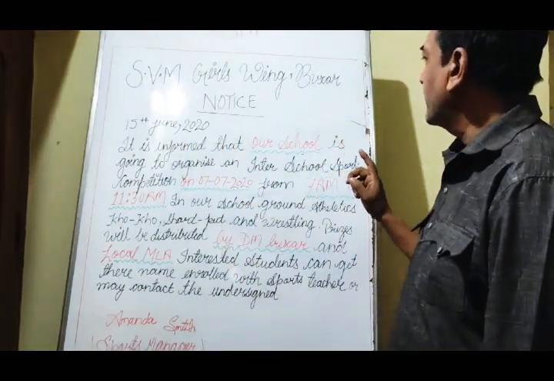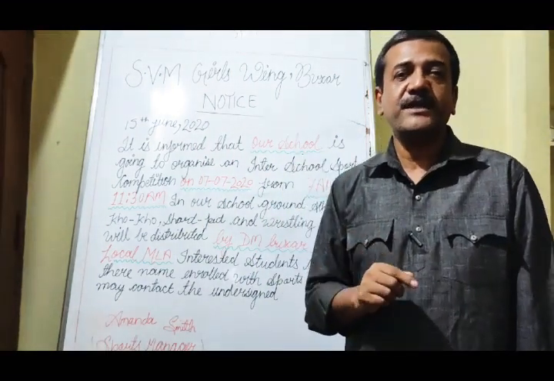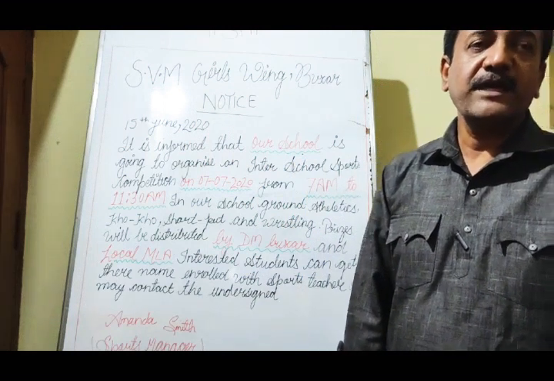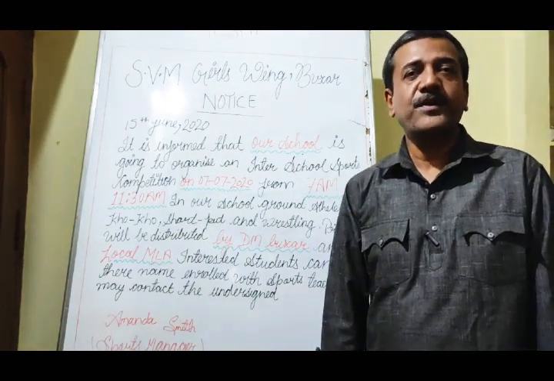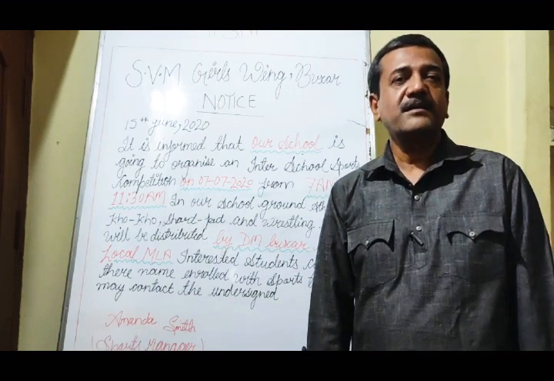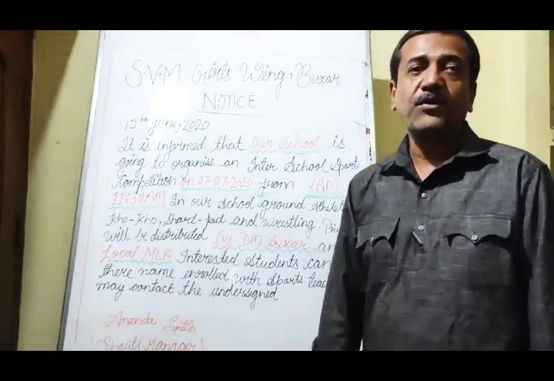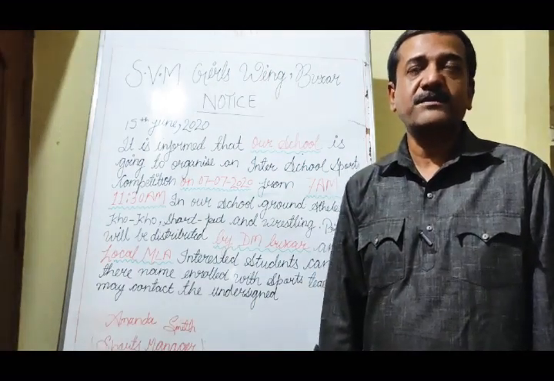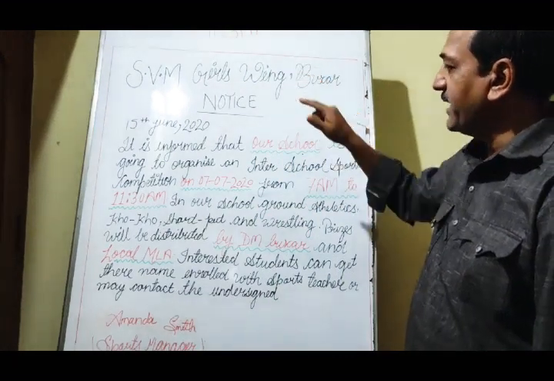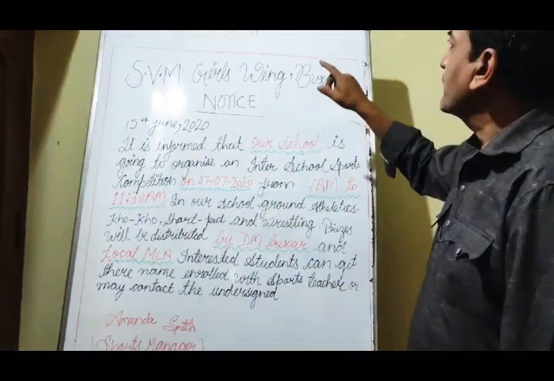Second, the notice must be written in 50 words. There may be a margin of plus or minus 5 words, but basically the given number of words is 50, and those words will be counted only in the main body of the notice.